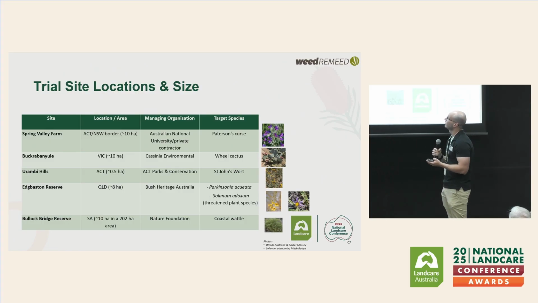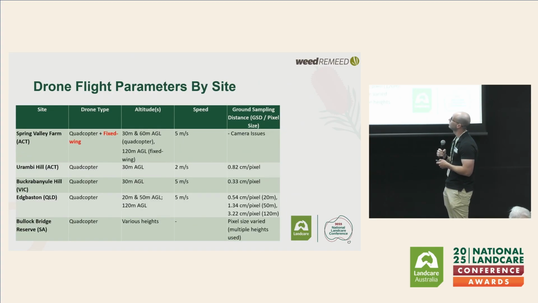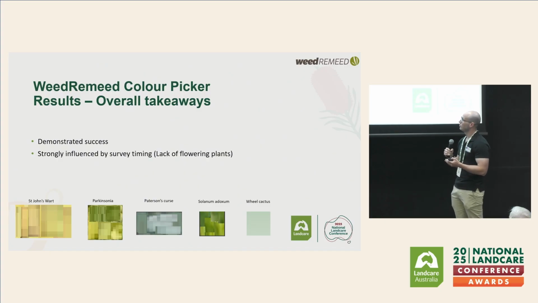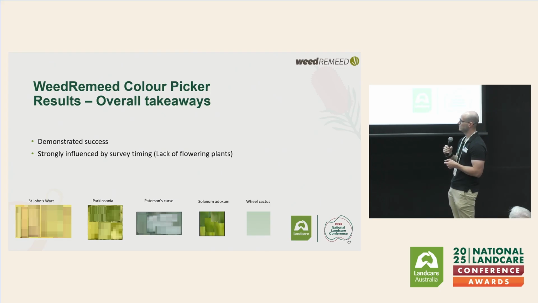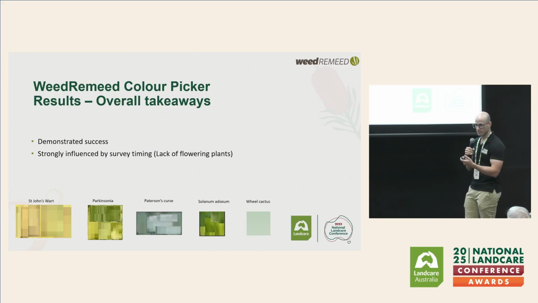So the trial site locations and size, oh, sorry, I hit the back button. Perfect. So this is what I keep talking about with the colour swatch images. This is what they actually look like. It is literally a pixelated image of colour to compare your data set to. If we look at a couple of species here, we've got St. John's Wort, which has a yellow flower, which is why it's got that yellow colour in it.